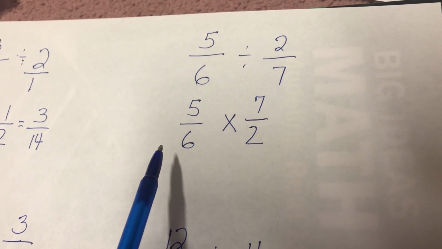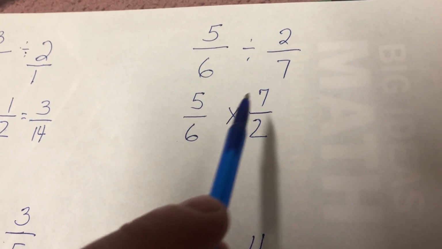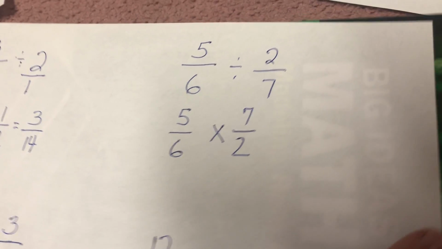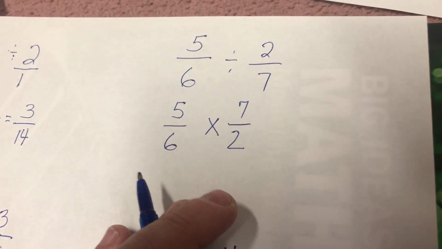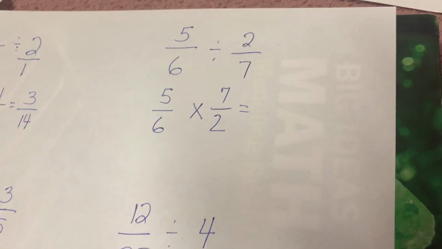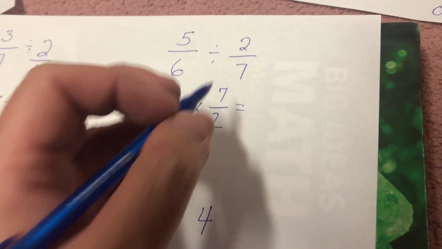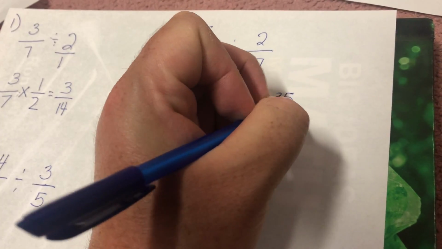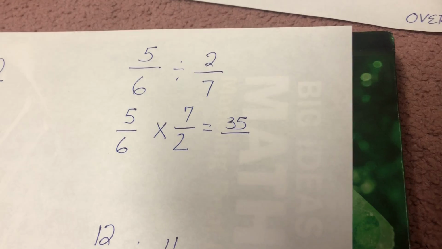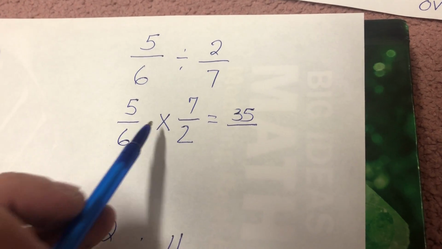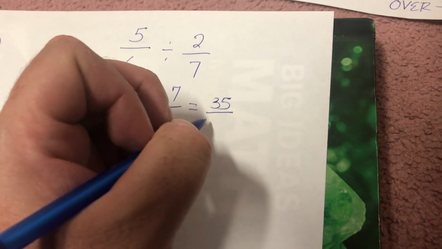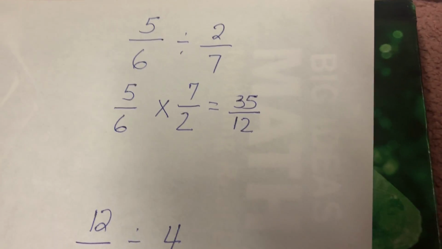There are numbers that can go into 6, like 2 and 3, but none of those can go into 7. So I'm ready just to go ahead and multiply. Well, when I multiply my numerators, 5 times 7 is 35. When I multiply my denominators, 6 times 2 is 12.